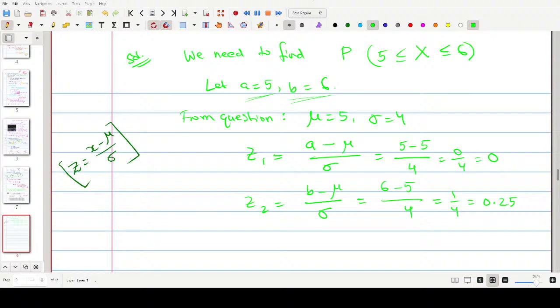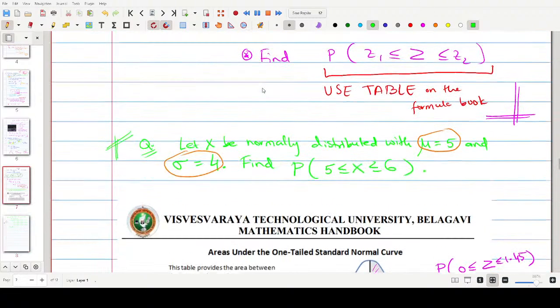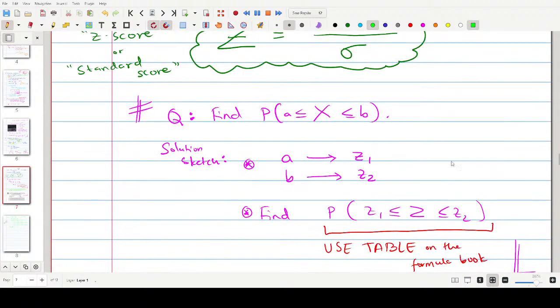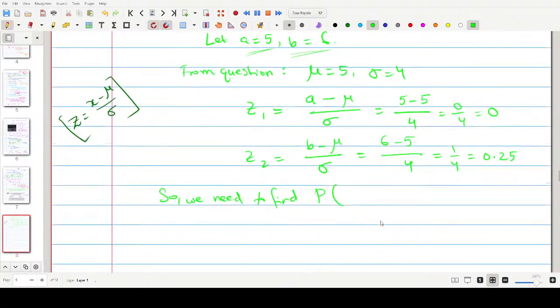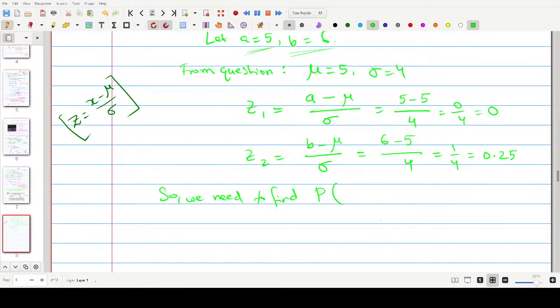So what we need to find, if we scroll up, is the probability that z1 is less than or equal to z is less than or equal to z2. In this format, z1 is 0, so 0 is less than or equal to z is less than or equal to 0.25.